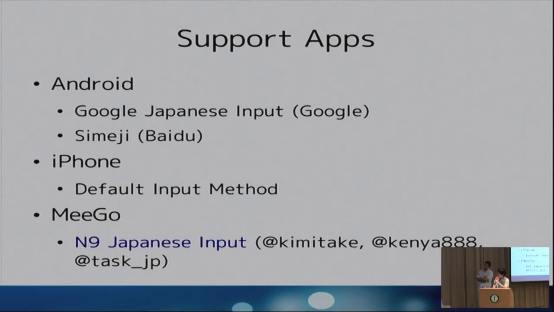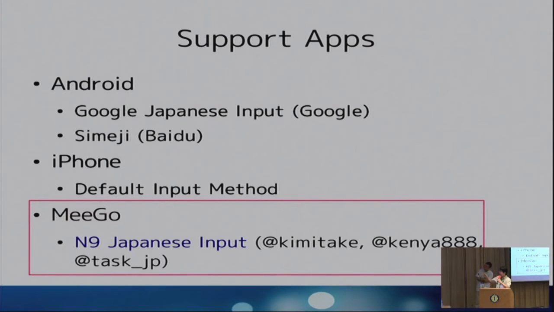And there are a lot of applications for many devices, and there is also a Qt implementation. My friends developed it, and of course it is open source. So if you are interested, why don't you download it?